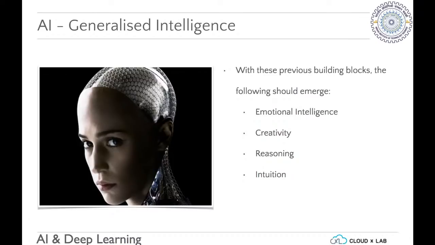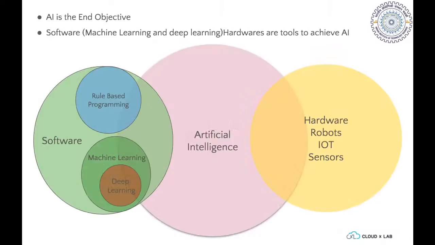With the previous building blocks that we just discussed on AI, it was said that the general intelligence will emerge, like emotional intelligence, creativity, reasoning, and intuition, right? It is clear that in case something can predict something, it would be creative. All right. So AI is based on those sub-objectives.